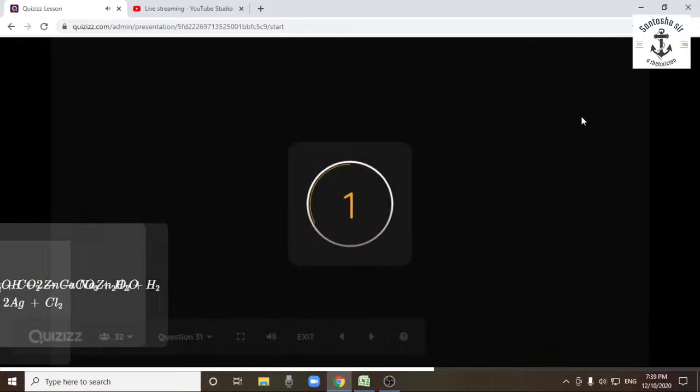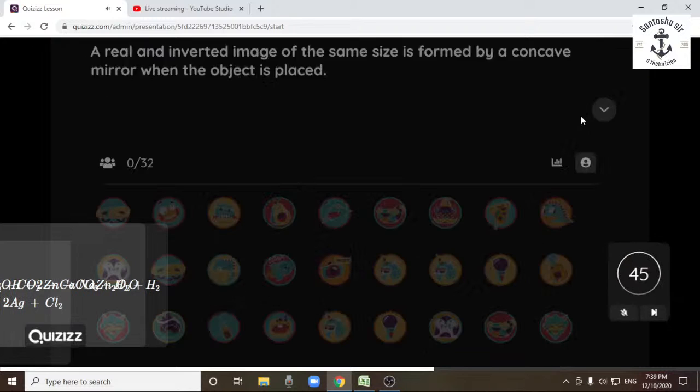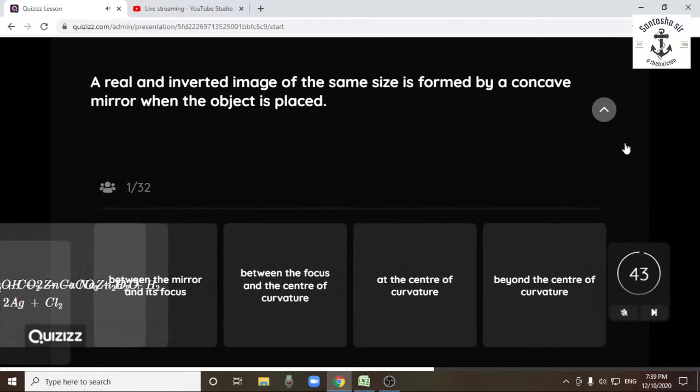Question number 31. A real and inverted image of the same size is formed by a concave mirror when the object is placed... Members already answered out of 32 participants. 20 seconds more.